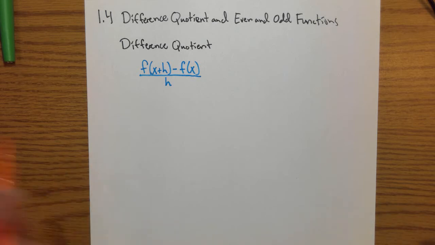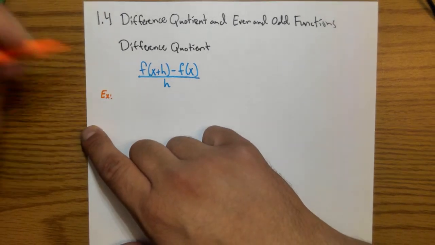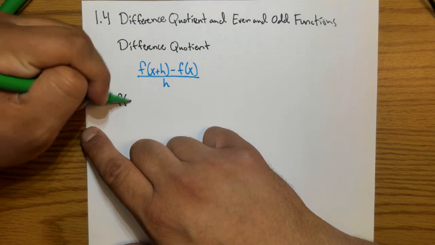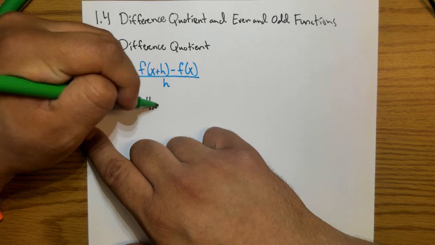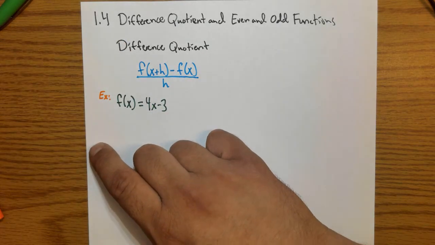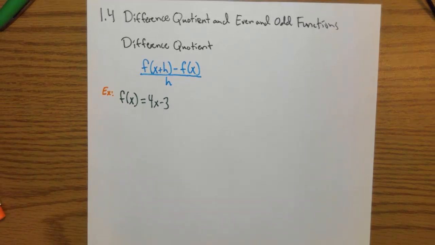So let's say that we have some function f of x equals 4x minus 3. And I want to apply the difference quotient to it and simplify to see what we get.